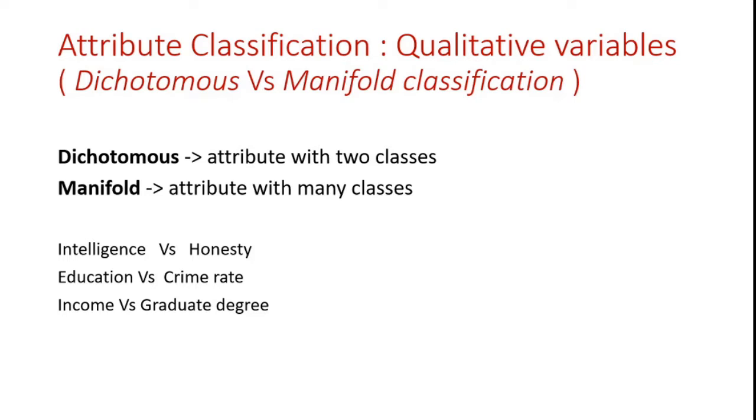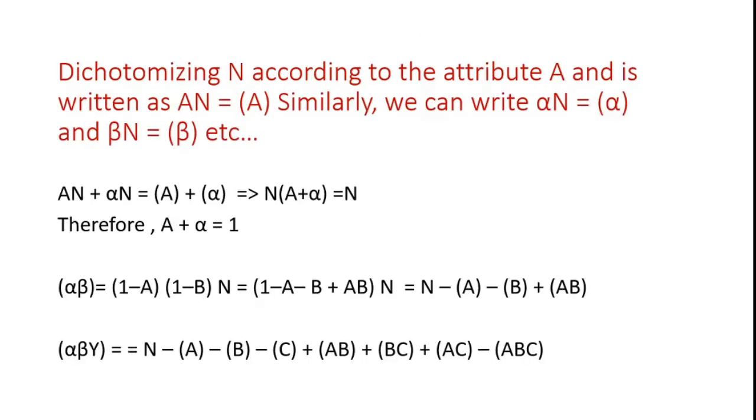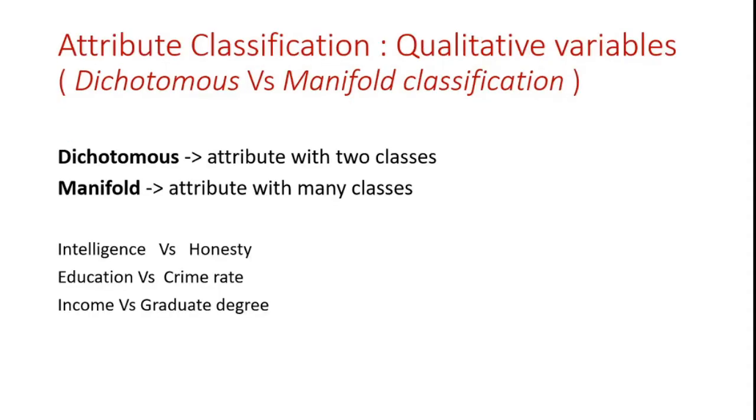Does your degree affect your income? These kinds of questions are addressed using the method that we'll be discussing. So this is the mathematics of dichotomous classification as well as manifold classification.